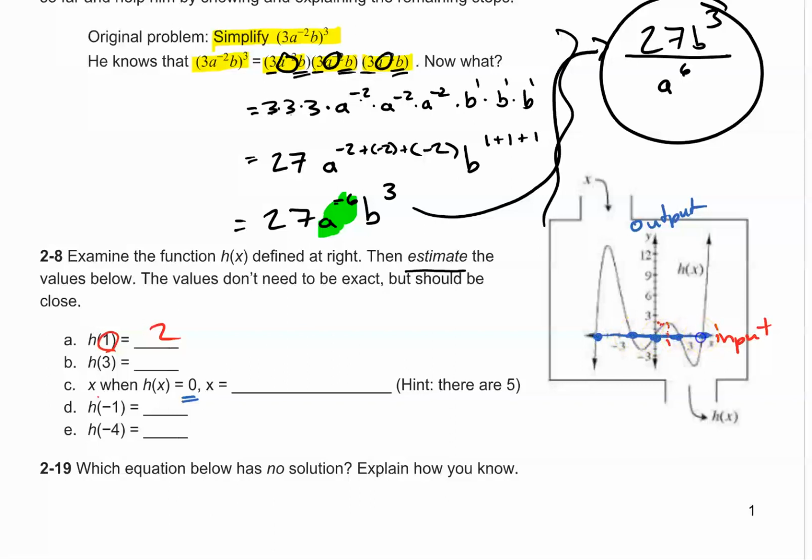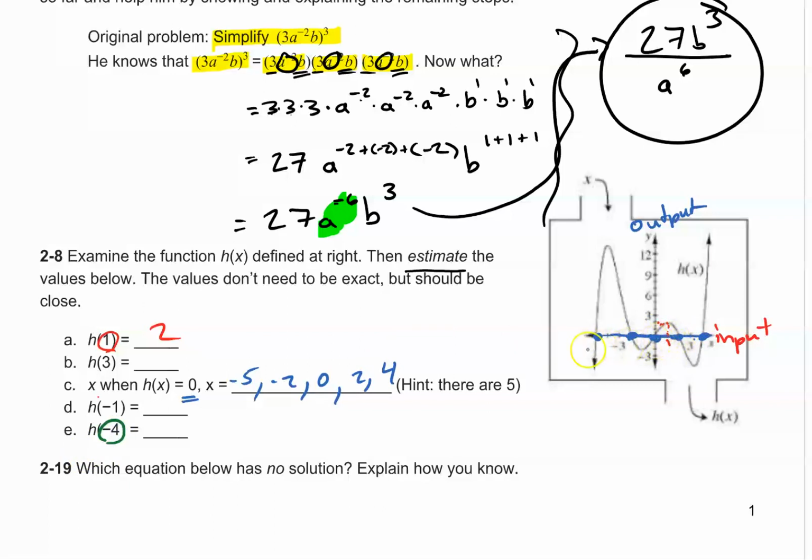So our graph hits 0 in 5 places. So that's going to be -5. This one looks like -2, 0. This one's probably 2. And then that looks like 4. Alright, next we have the normal input one. We have an input of -4.